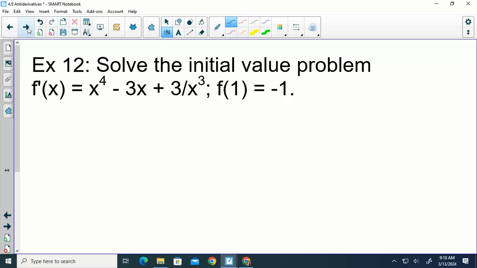So, if I know f prime is equal to this, it might be beneficial to you to rewrite 3 over x to the third. How could you write that?